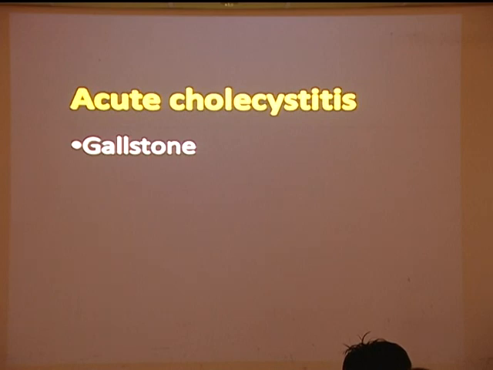But the chance of finding this kind of patient is really low, because this kind of patient is often found in the ICU or is a critically ill patient. So if this is a fresh patient walking into your ER, please suspect acute cholecystitis with gallstone, and don't think that he has cholecystitis without gallstone.